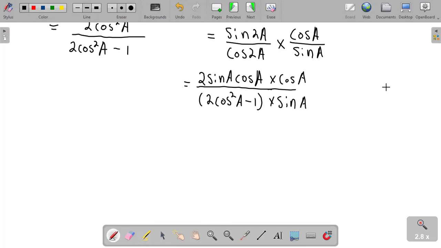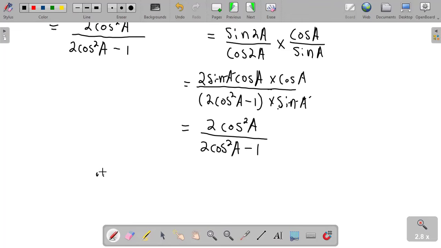Sine a here will cancel out sine a, so you will be left with 2 cos a multiplied by cos a, which is cos squared a, divided by 2 cos squared a minus 1.